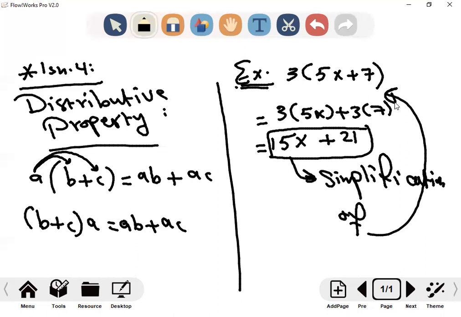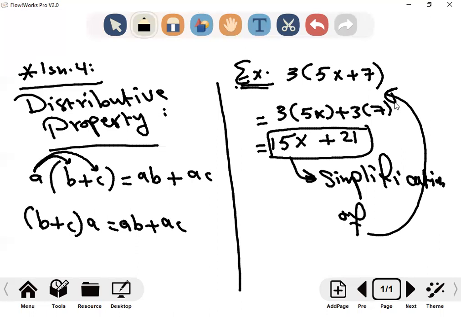Do you know how much 5x plus 7 is? 5x plus 7 equals 35? No, we cannot add 5x plus 7.